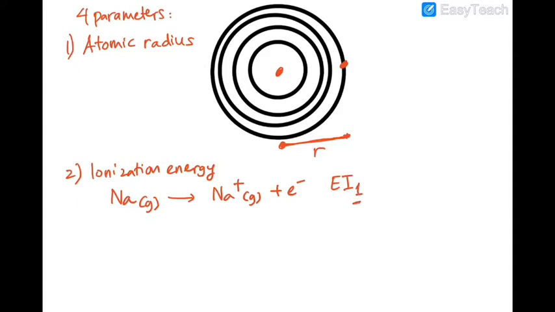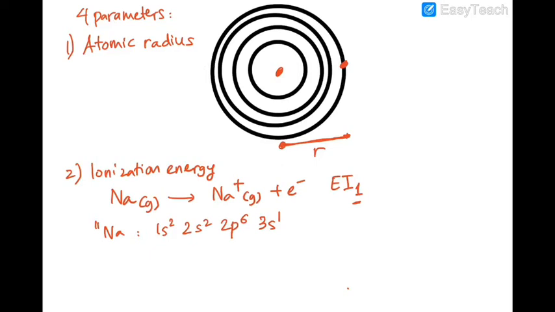We can write down the electron configuration for sodium. Sodium is 11, so it's 1s2, 2s2, 2p6, and 3s1. So we know that sodium is in the third period in the periodic table of elements, and it belongs to group 1, because you see the biggest shell is 3 and it only has 1 electron.